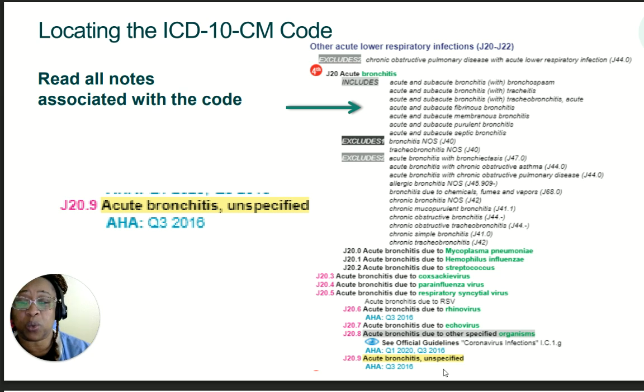This is also where, if you see here, even though we're not looking in this area, but it does show you here, see official guidelines, coronavirus infection. It shows here at the bottom that the actual guideline that we needed to look at is I.C.I.G. Most likely it's going to take us to the J20.9 for the acute bronchitis unspecified, and it will give additional detailed instructions on what to code and if a second code is needed.